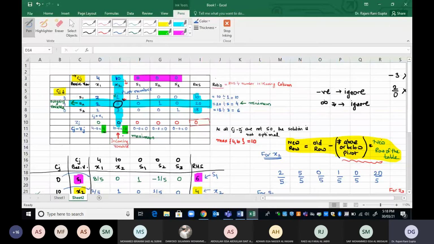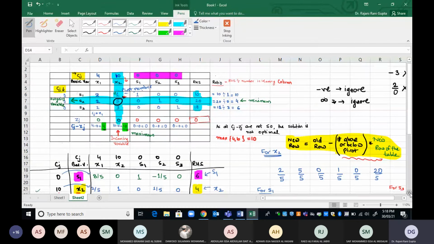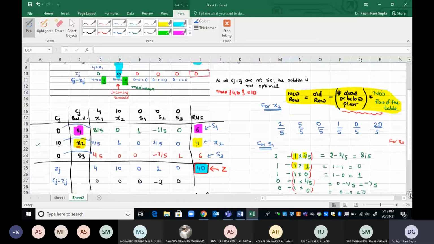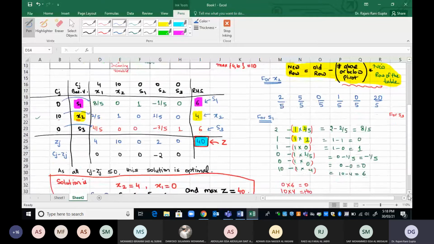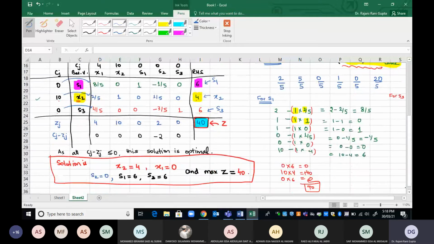Select the incoming variable, find the ratio to get the outgoing variable, find the pivot number, then do this calculation to get the new table. Okay, this is the simplex method. I hope it's clear, because you already got 2 examples there in the video and I explained another one.